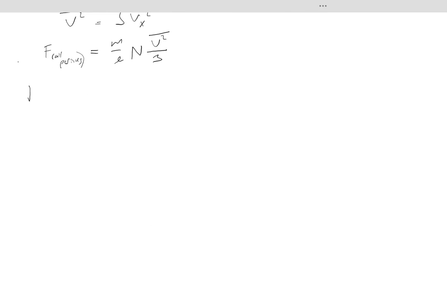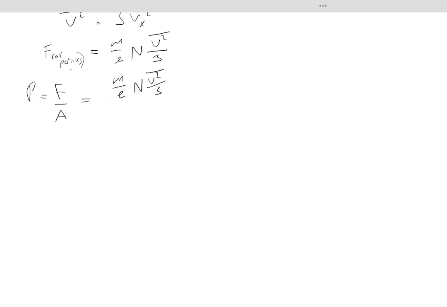Pressure is force over area. So there's some pressure in this box due to all the particles. I can get rid of force and write this in terms of pressure and actually volume. So the force is m over L times n times v squared bar, the average of the square of all the velocities, over 3.